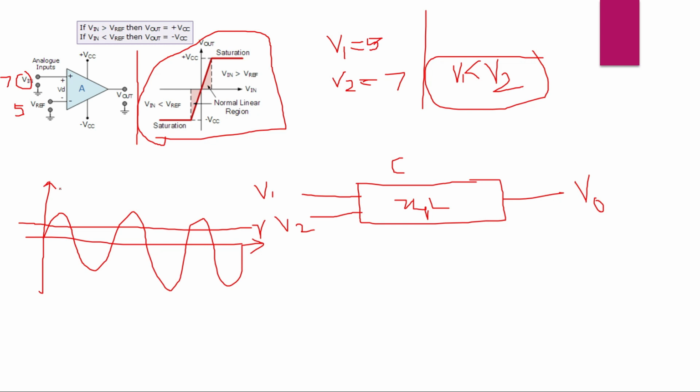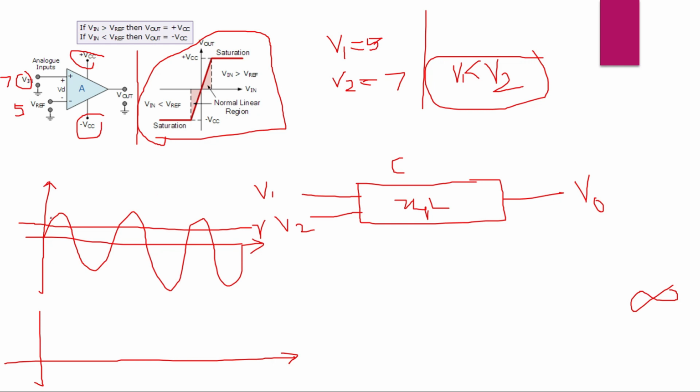In the ideal case, the output will not be infinite; according to the saturation voltage given, whether plus 15 volts or minus 15 volts, plus VCC or minus VCC will be replicated on the output waveform.